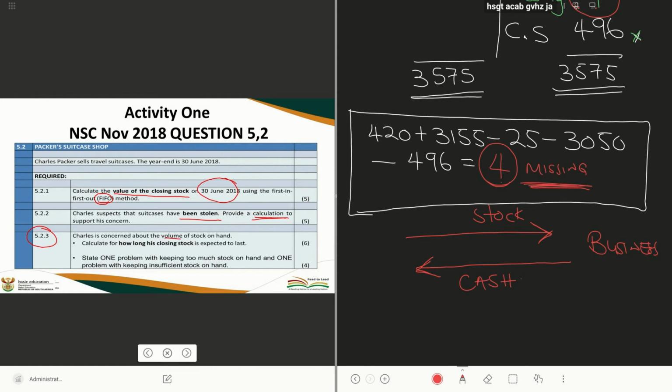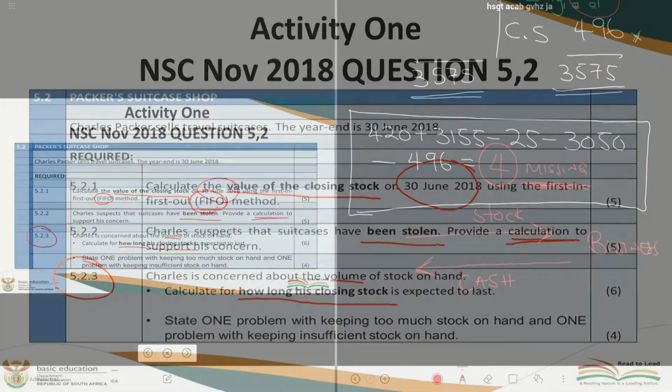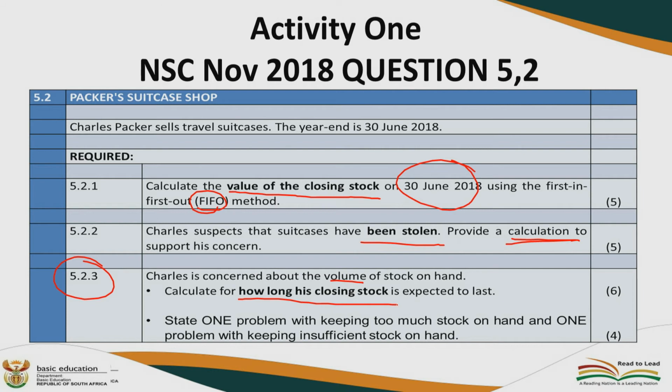Okay? Now, the next question says now, calculate for how long his closing stock is expected to last. In most exam papers, they'll either ask you for how long is the closing stock, or they'll ask you how long is a particular number of units that they will give to you. Okay? I want you to come with me and calculate this one.